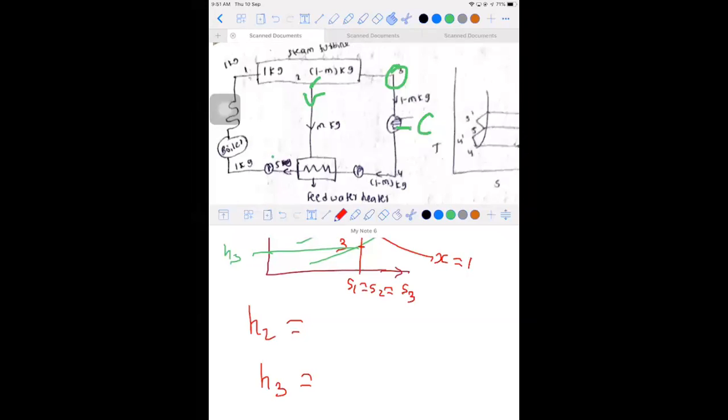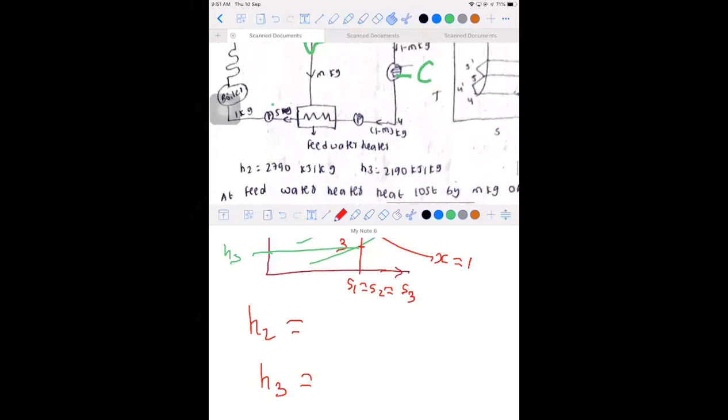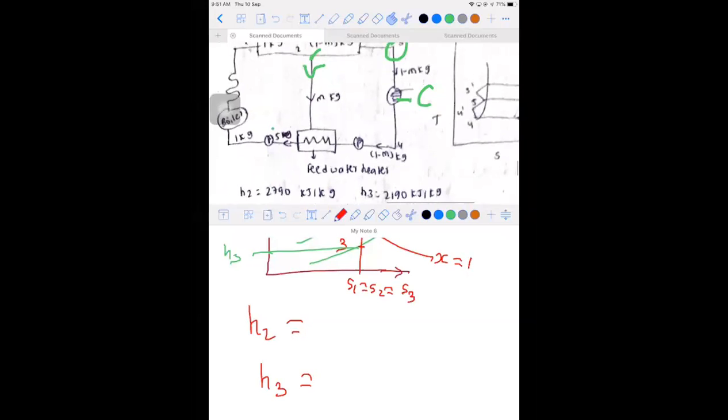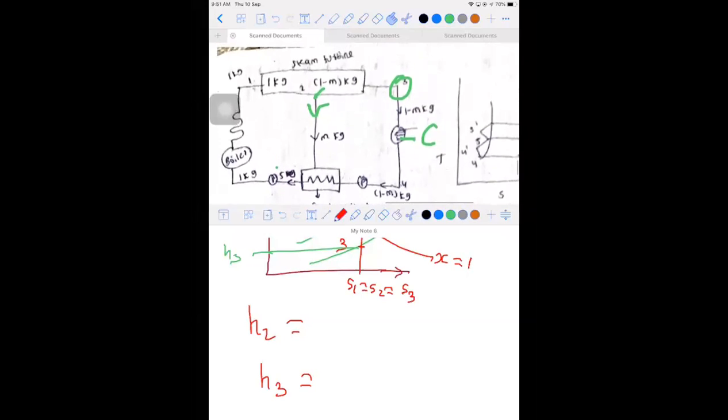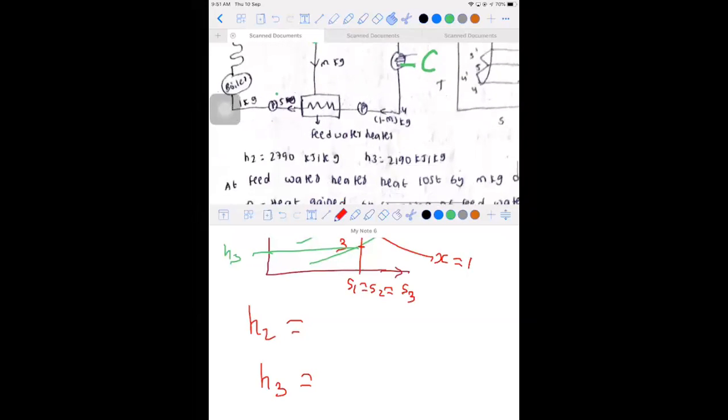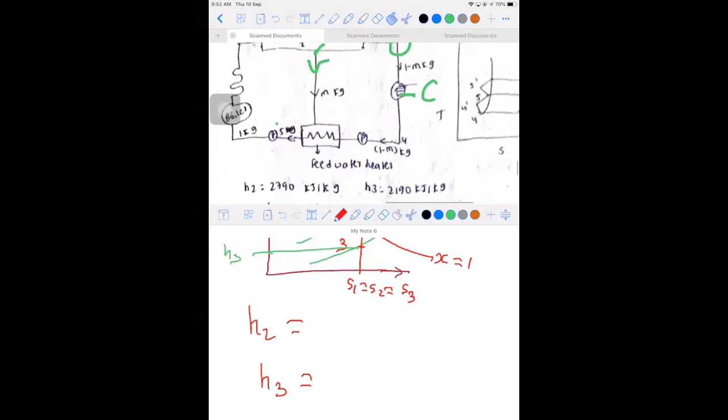Yes, sir, I'll check it. H2 2490 is not correct, sir. Previously I got 2790 and H3 2190. Please check it once again, sir.